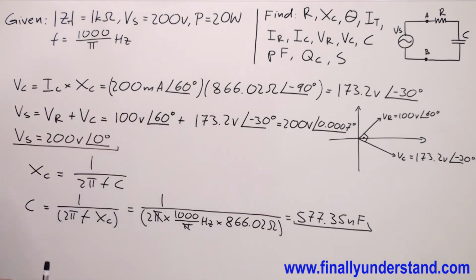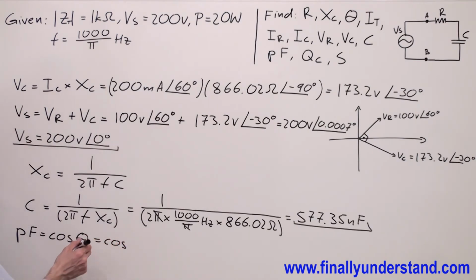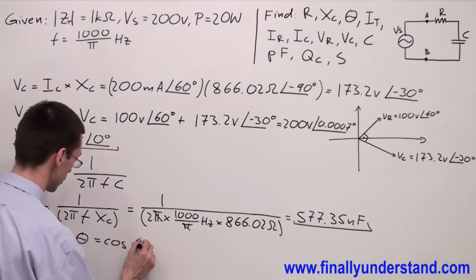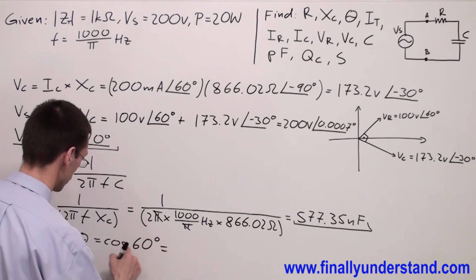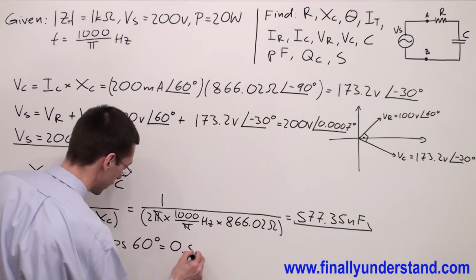Next, we're supposed to find the power factor. Power factor is equal cosine theta. Okay, so the angle theta we found is equal 60 degrees. So cosine of 60 degrees is equal 0.5.